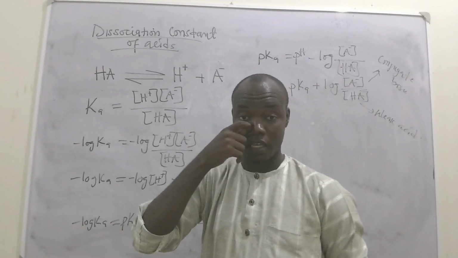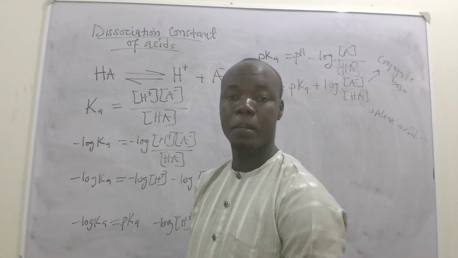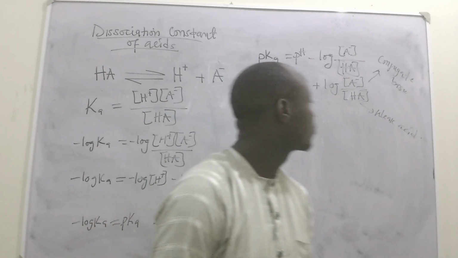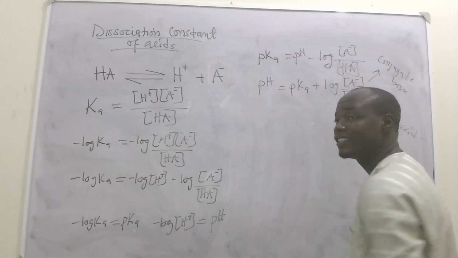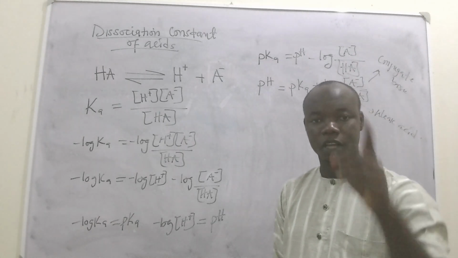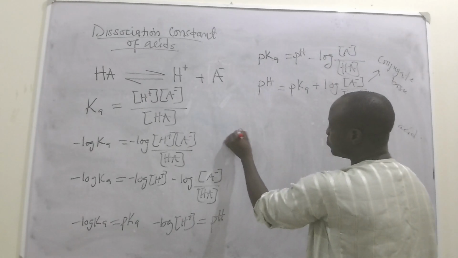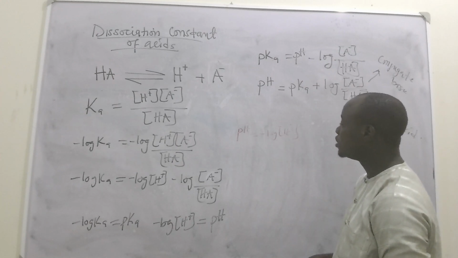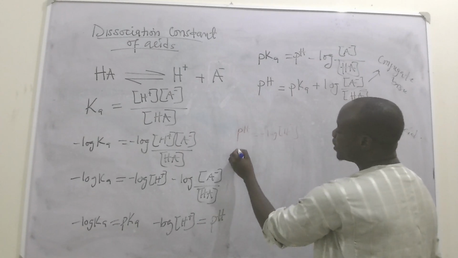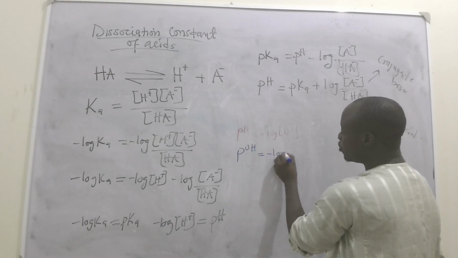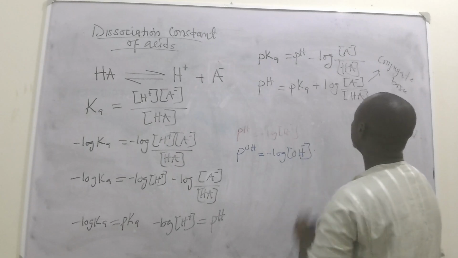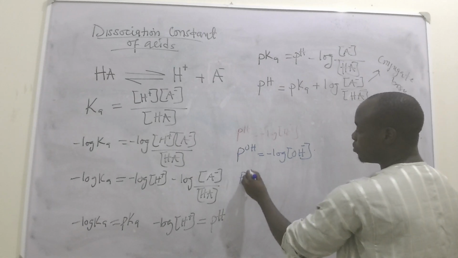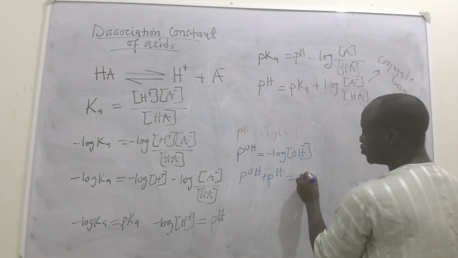From this, we can calculate pH, pKa, and even the concentration of the conjugate base. We can also change it to pOH. What is pOH? pOH is the negative logarithm of hydroxyl ion concentration, just as pH is minus log of hydrogen ion concentration. We have a formula that says pOH plus pH is equal to 14.